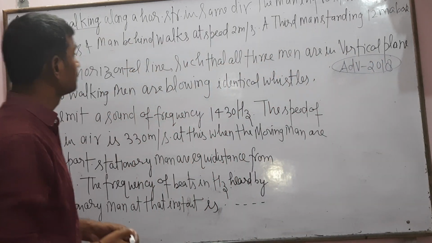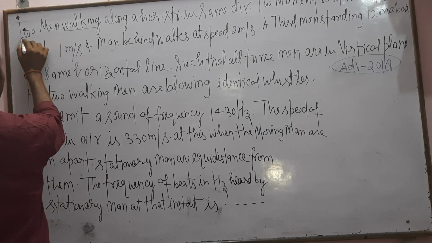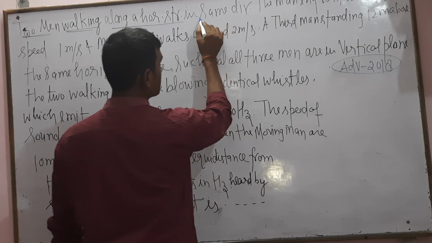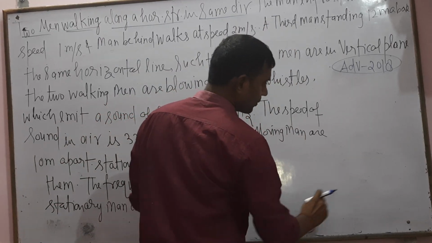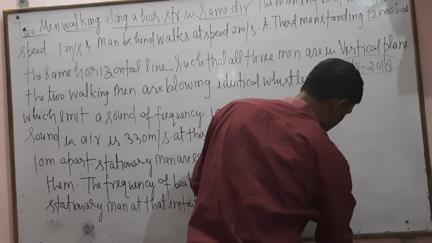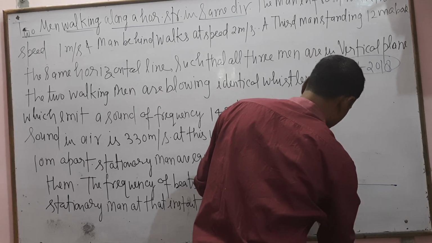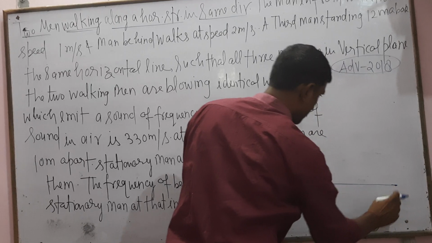The question says that two men are walking along a horizontal straight line in the same direction. Let us suppose first man and second man.